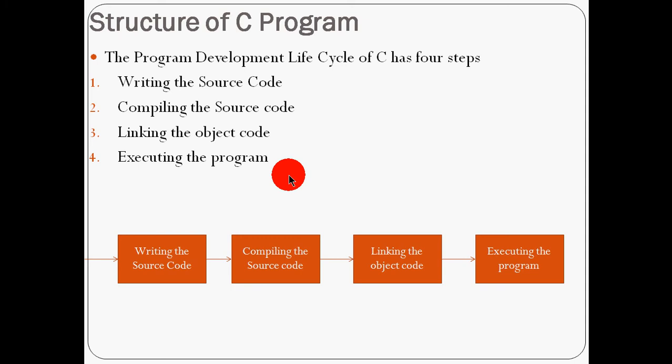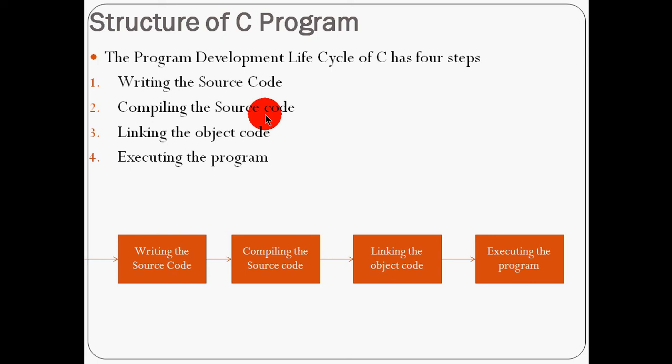The header portion is where we can declare some files, that is hash include conio.h, hash include stdio.h. We will discuss what hash include conio.h and stdio.h mean. The other part is the body part, which starts with the main function.